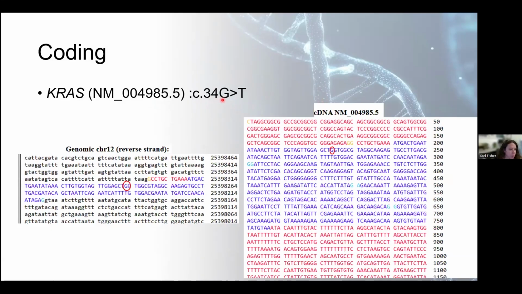Now, how do we know what 34 means? When we refer to these numbers, we're talking about only the coding DNA. How do we find that out? If we look at the whole gene in this form of writing, the small letters are the introns and the capital letters are the exons.